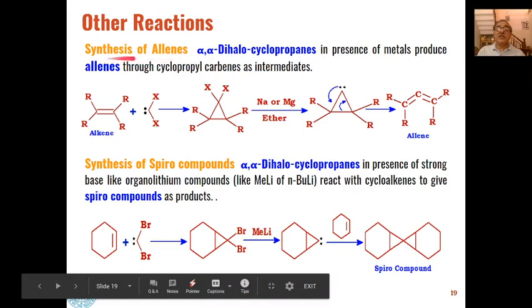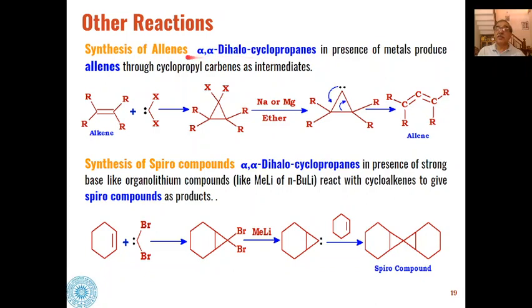And then some other reactions, synthesis of allenes, that will take place mostly in alpha-alpha dihalocyclopropanes. So when alpha-alpha dihalocyclopropanes, which are formed from the reaction of alkene and the carbene, are reacted with either sodium metal or magnesium metal in ether, then these types of cyclopropyl carbenes are generated.